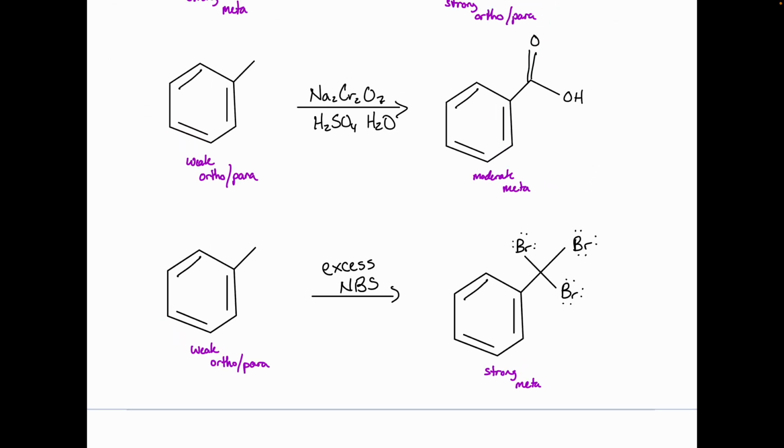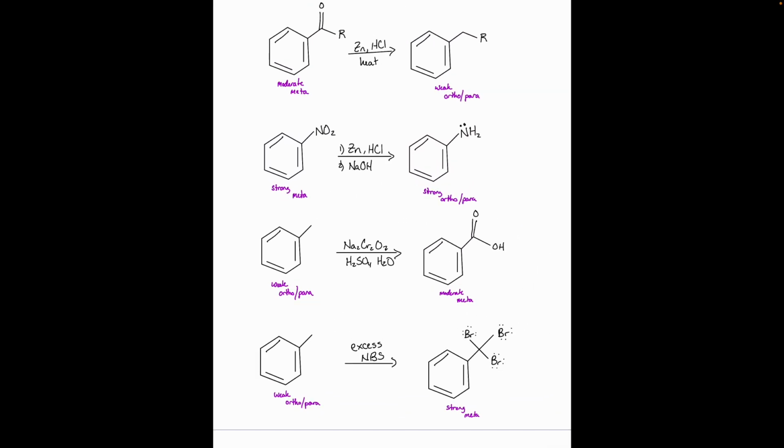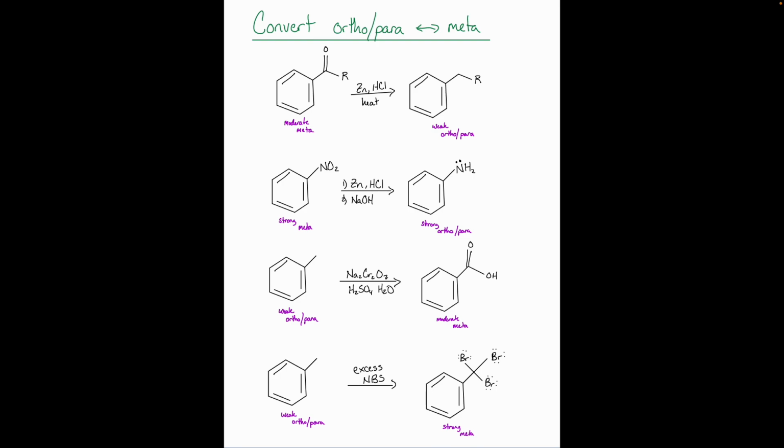So these four reactions round out our set of reactions here. You should have them in one little category in your brain, because again, these are reactions that convert ortho-para to meta-directors or vice versa. Two reduction reactions here using zinc, an oxidation reaction using our sodium dichromate, and this bromination reaction using that excess NBS.